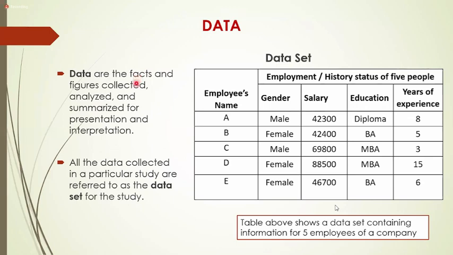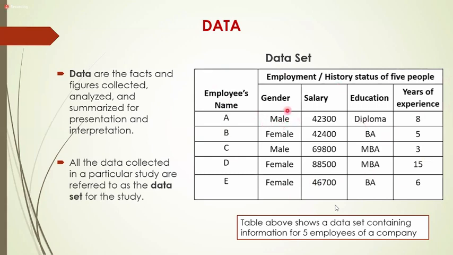Why are we looking at the data? Because we want to analyze, summarize, present and interpret it for a particular interest. Right? Then data set. All the data collected in a particular study are referred to as a data set. So this is a data set. Right?